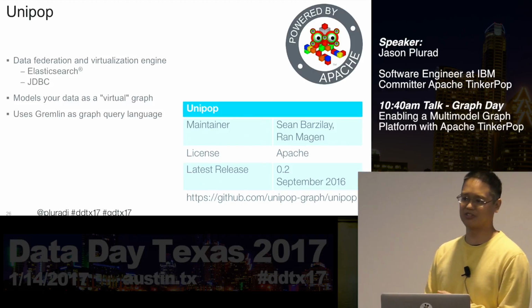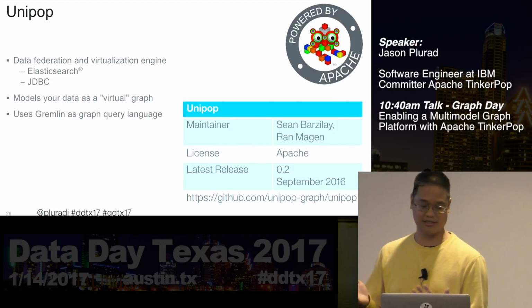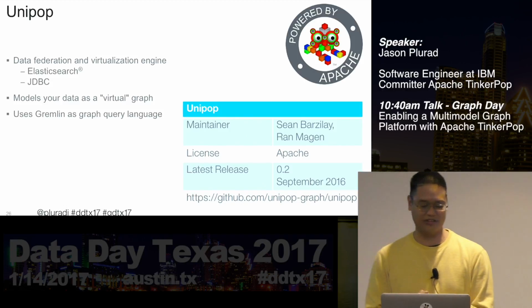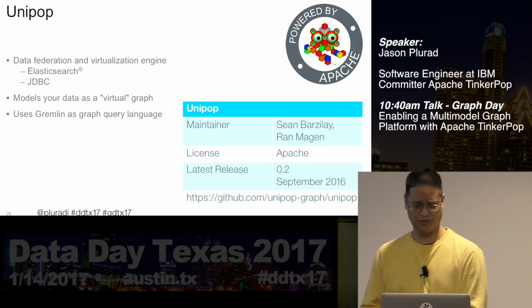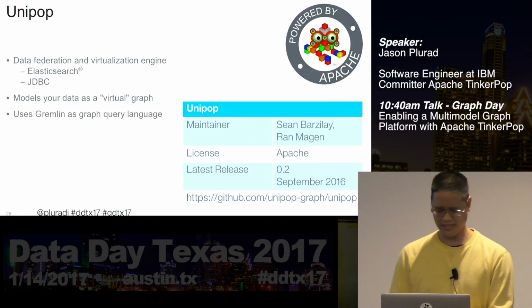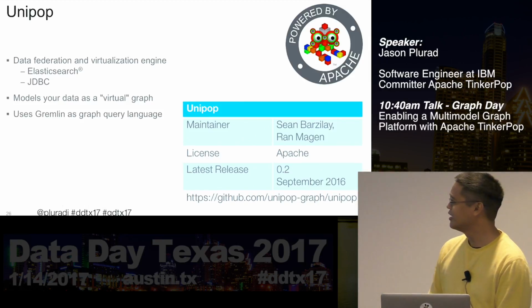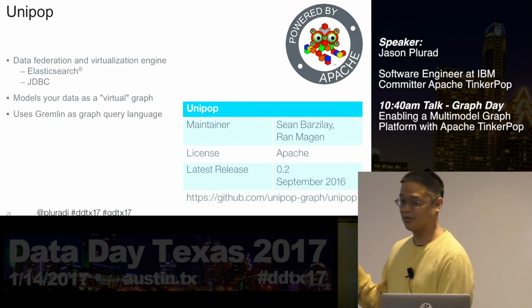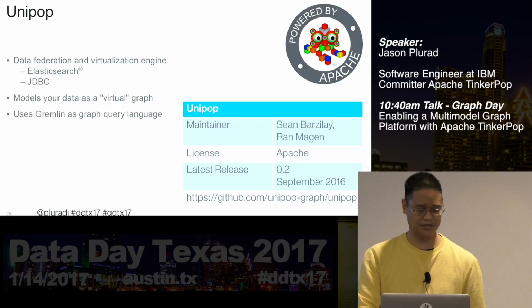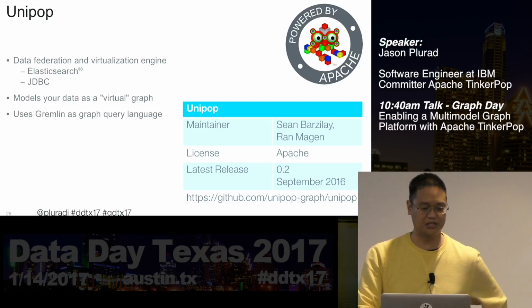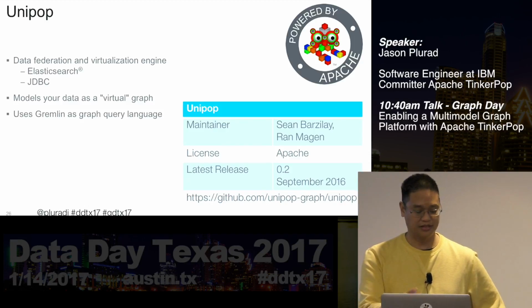You can treat Elasticsearch like a document data store with indexing, so it's a pretty cool value proposition. It's developed by two guys out of Israel, I believe, Sean and Ron. They've been around TinkerPop for a while, and it supports TinkerPop 3.2, I believe. And it has a lot of the same thing, traversal strategies to work with their preferred backends.